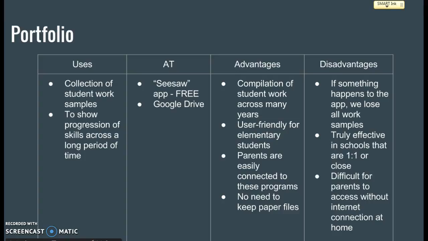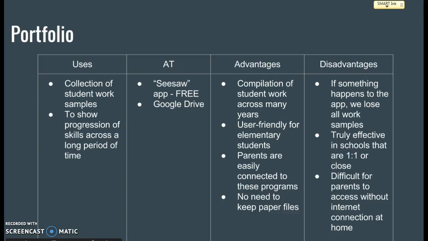Parents are easily able to connect to these programs. They're familiar with these programs, and they're able to access them with ease. And also, another advantage would be that we don't need to continue to keep paper files of all of the students' work.